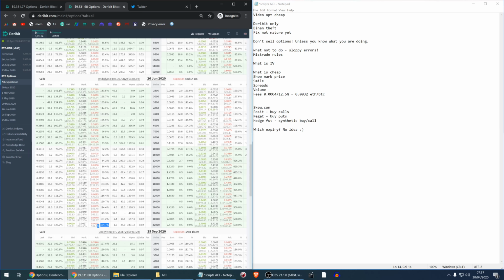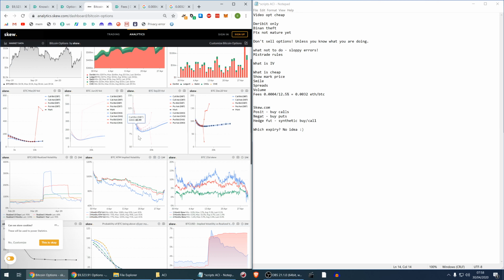But as we go to the right side of the smile, the implied volatility hikes up, and as we go to the left side of the smile, the implied volatility also climbs up. So that shows that as we go to the sides of the smile, which is as we go further away from the current spot price, the implied volatility will go up, and this is normal. So this is the normal kind of strategy of pricing options.